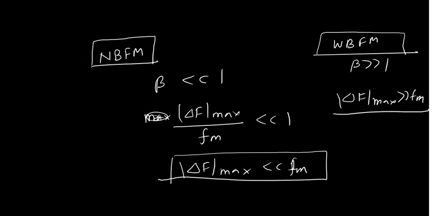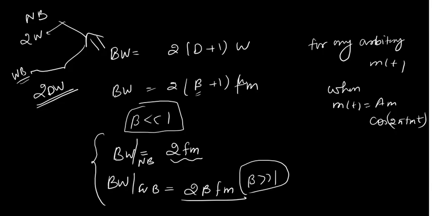And we have seen that for NBFM maximum frequency deviation is low, and for the case of WBFM maximum frequency deviation is high. So this is the difference.